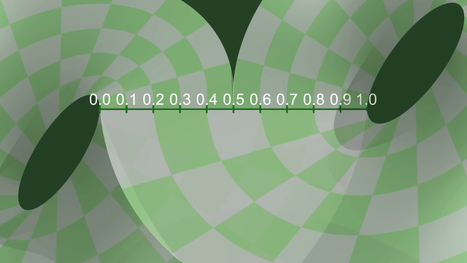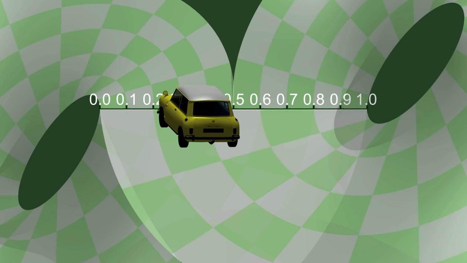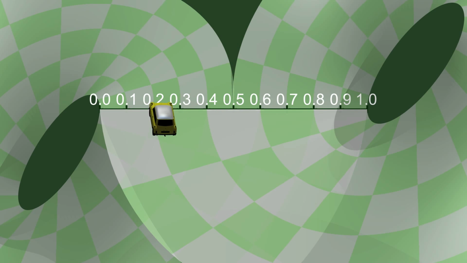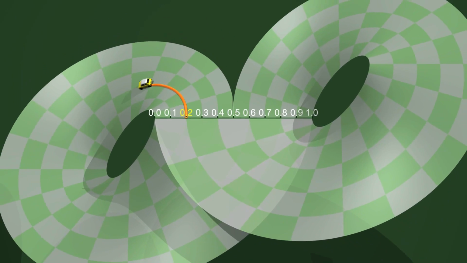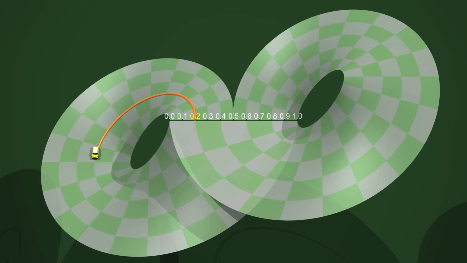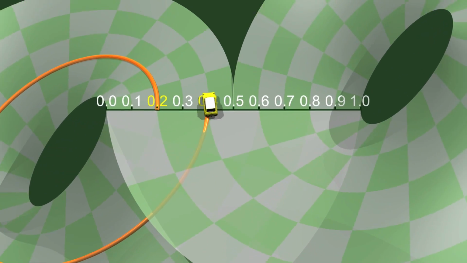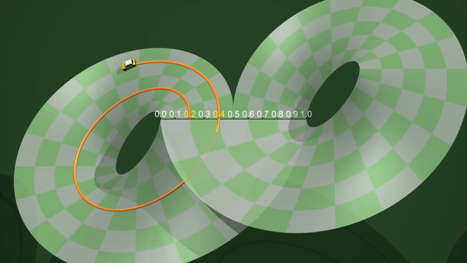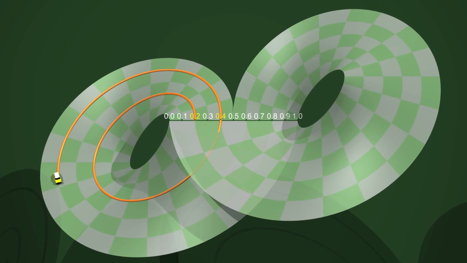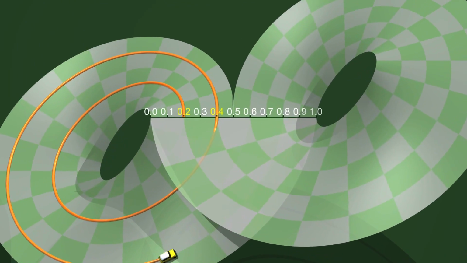Let's go to the starting line. Here we go. We drive, and a little while later, we are back at the starting line. But we are at a different point of the starting line. From here, a new path starts.